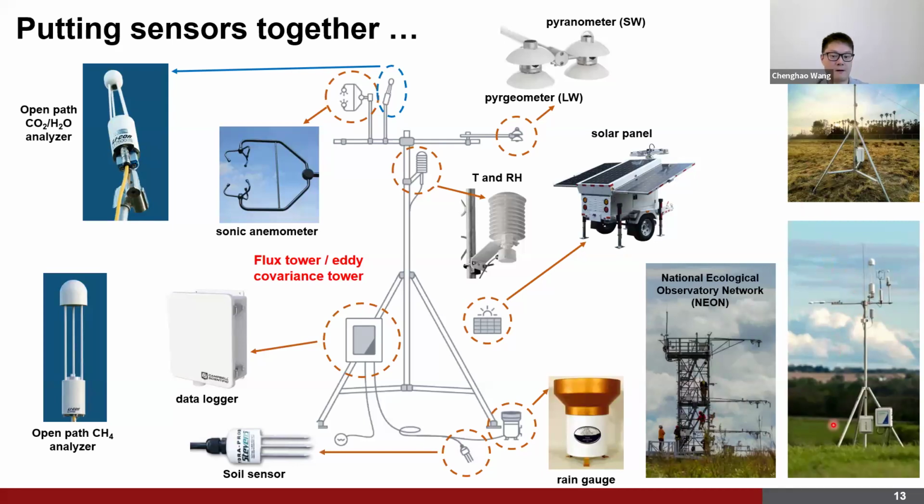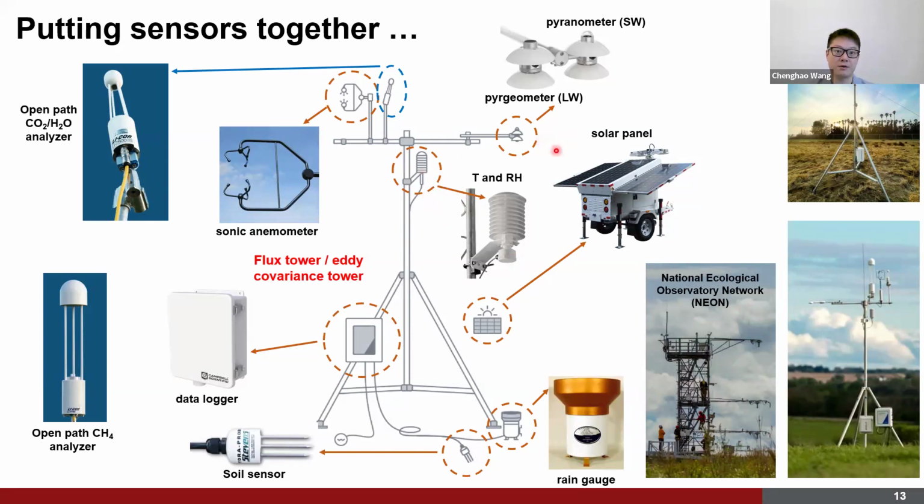But a more commonly used structure is something like this too. We have a tripod about 3 meters, or 4.5 meters at the top, in height. And we can either put it on the ground surface or on a rooftop. You will see one of the rooftop measurement examples in one of my following slides. So of course, if we want to measure the temperature and relative humidity, we have the thermometer and hygrometer set up on this tower.